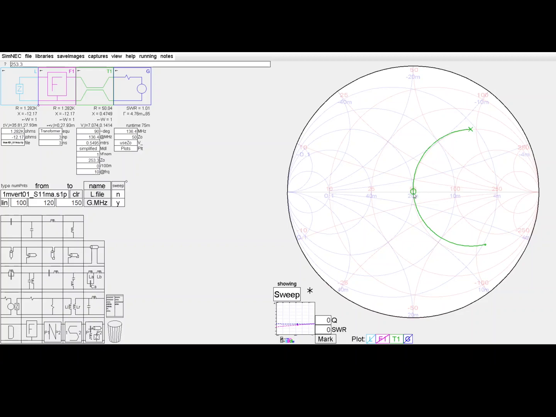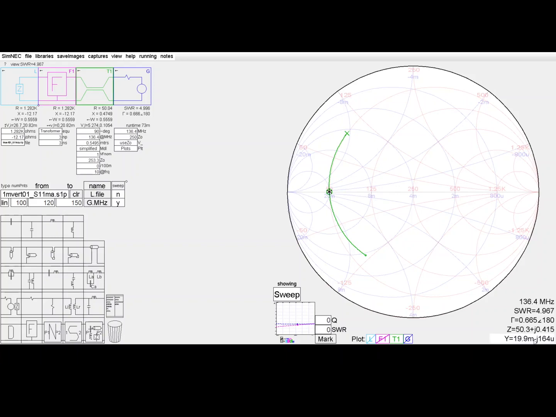Here I've left the chart at 250. Now realise the reason why we need to use 250 ohms to get the proper rotation is because using this correctly calculates the reflection coefficient magnitude. So this value here, the reflection coefficient, is 0.665 and 180.